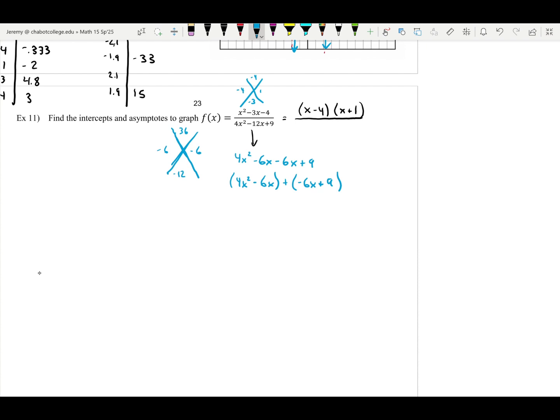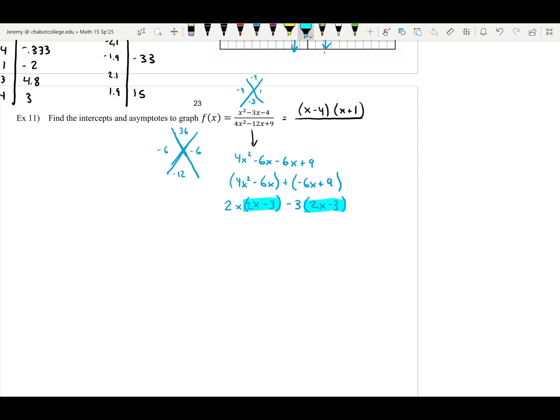Pull out a common factor of 2x. I'll get x minus 2, or sorry, 2x minus 3. Here I'll pull out a negative 3 as the greatest common factor, and I'll get 2x minus 3.